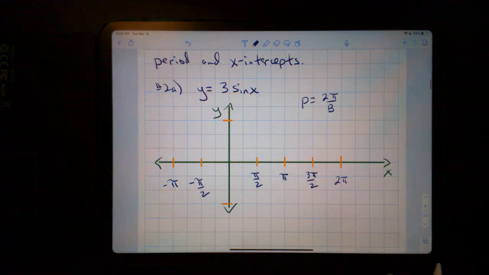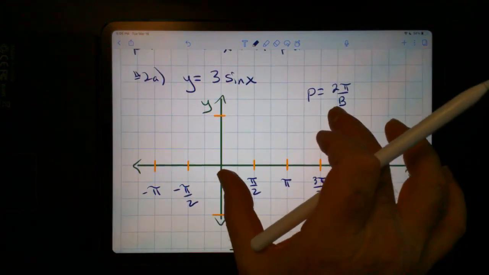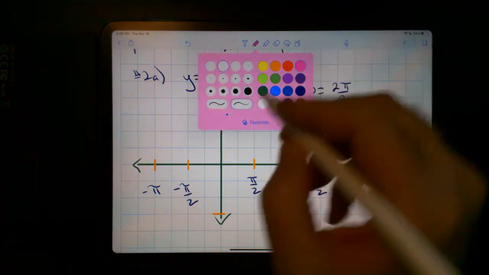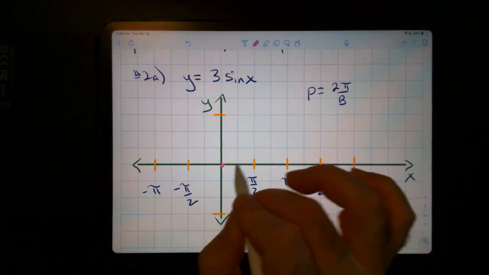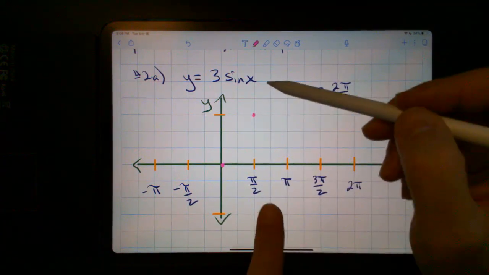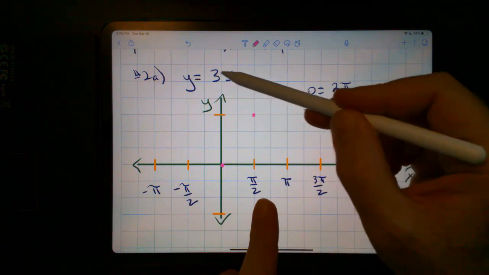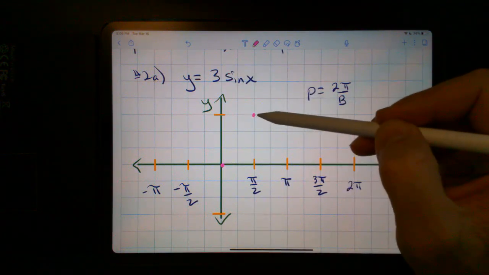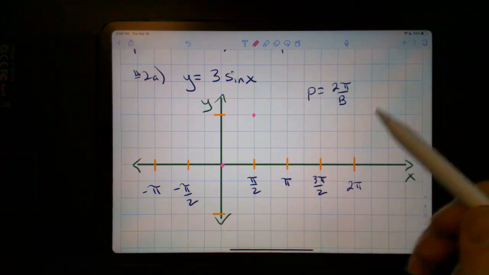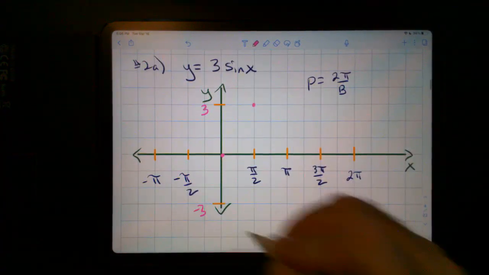Your amplitude is going to be 3, and so this graph will start at the origin and go up to 3, because when x is pi over 2, sine of x is 1. So you're having 3 times 1, which is 3 units up. This is 3, and this is -3.